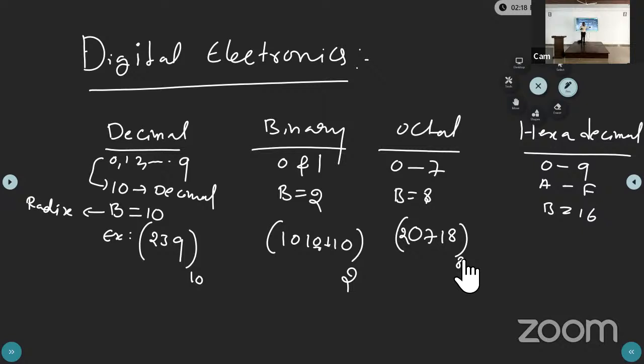If in any exam they give such a number as an octal number, simply write one answer: the given number is not an octal number because the maximum symbol in the octal number system is 7 only. Here in this given number 8 is present, so that is not an octal number system. Simply that answer is enough.